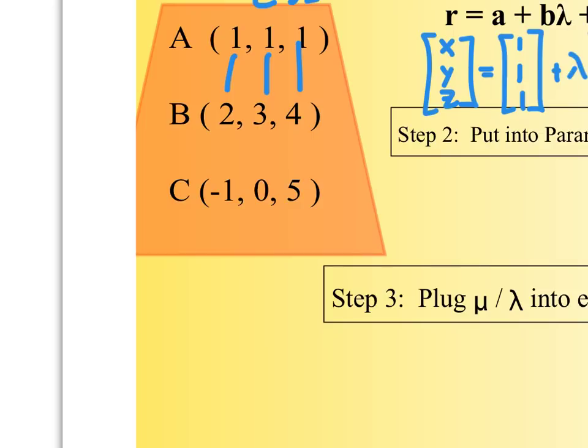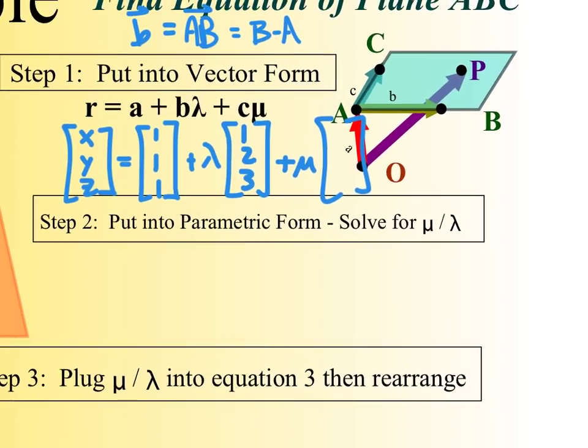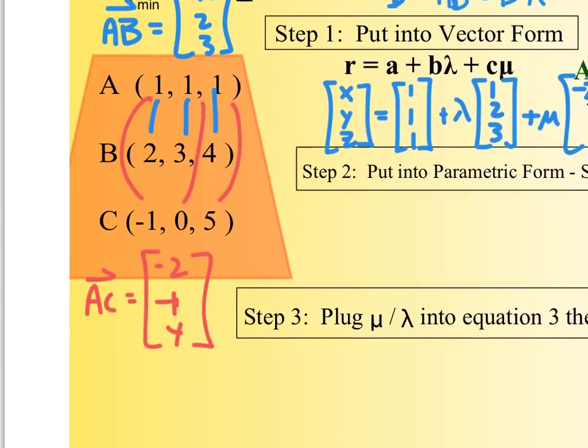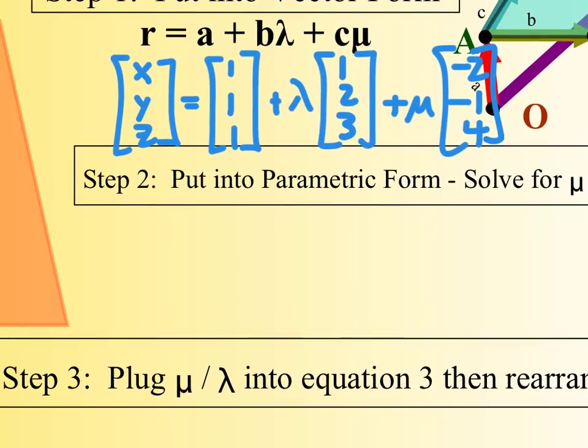Negative 1 minus 1, so AC will equal negative 2, negative 1, 4. Okay, so there's AC. Let's plug it in over here. Let's put this in parametric form now.